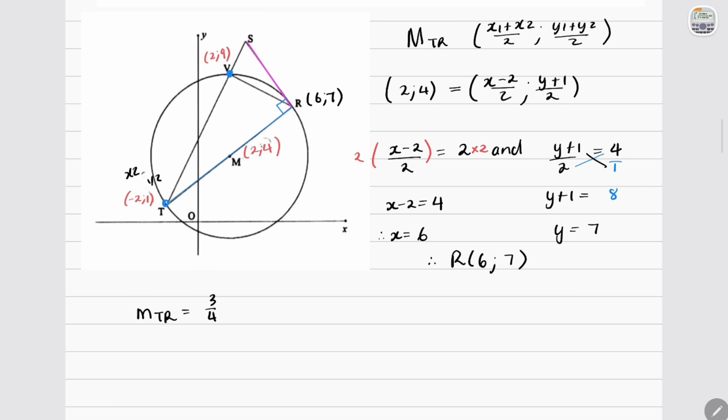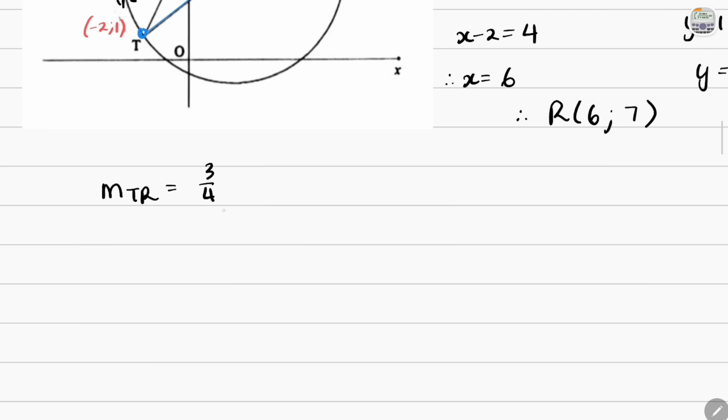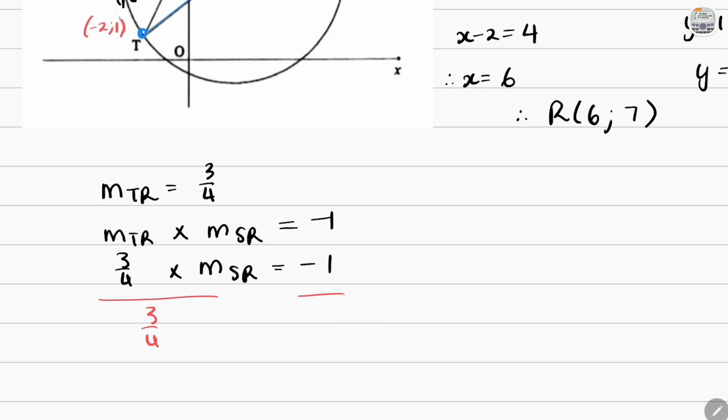To find the gradient of SR, you know that if you multiply them, they will give you -1. So you can say the gradient of SR is equal to -1 when we multiply by 3 over 4, so why don't you just divide both sides by 3 over 4, and then you'd get your answer.